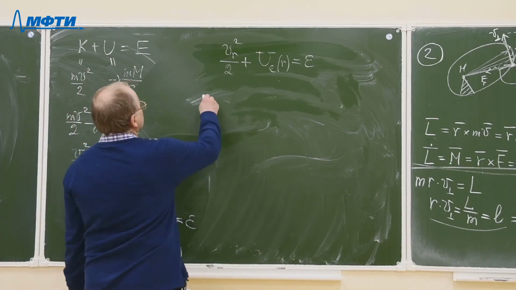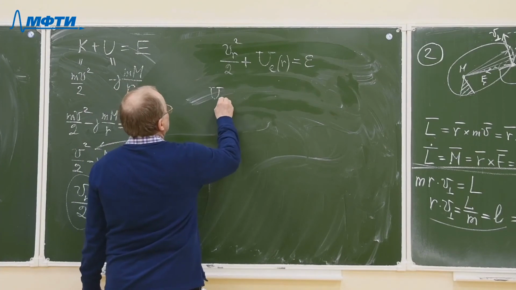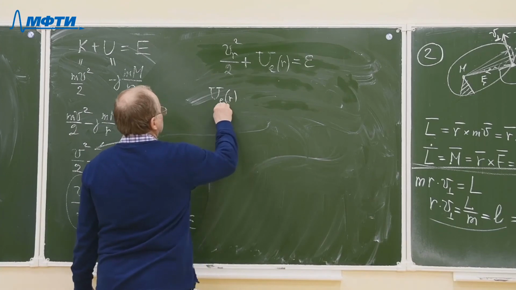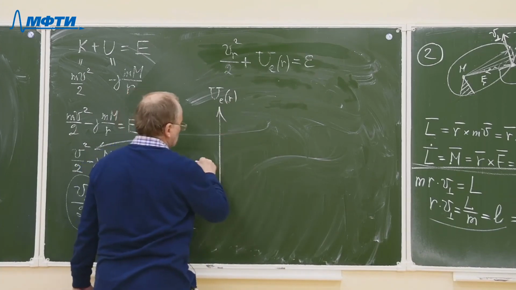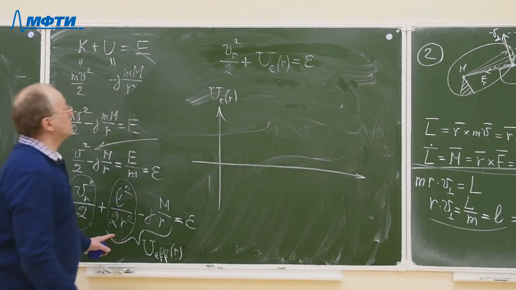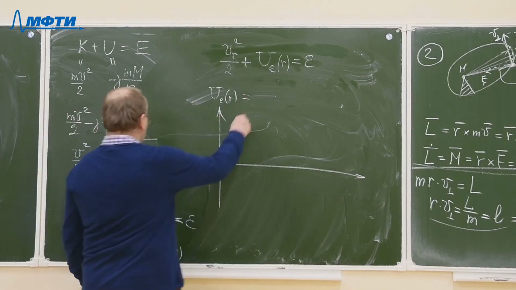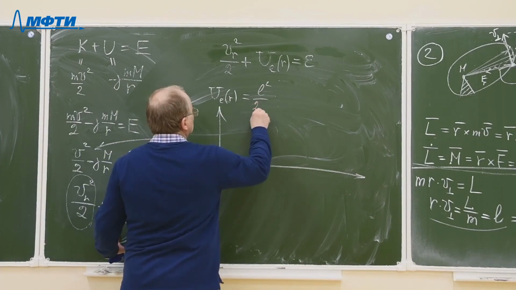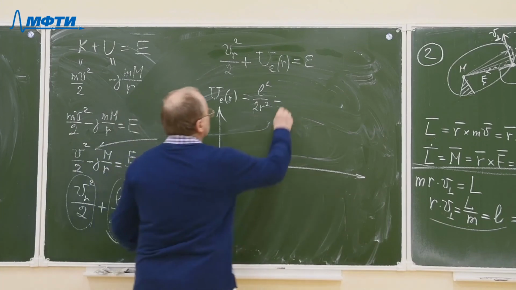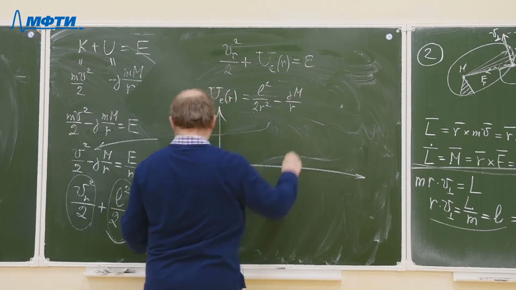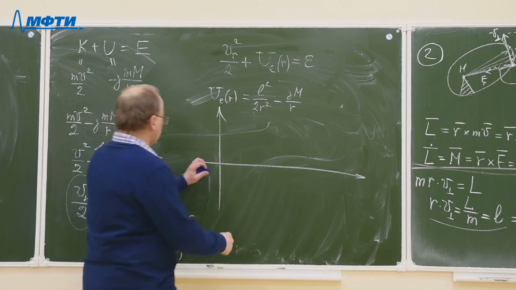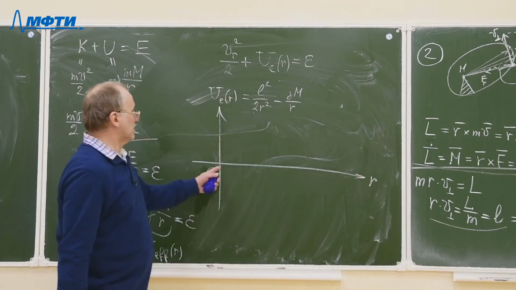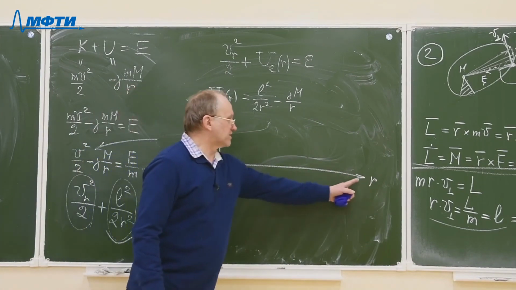Well, it's not difficult to draw a graph of this function, effective energy as a function of radius. The effective energy is equal to L squared over 2R squared minus gamma capital M divided by R. So if I draw the graph of this function, along the horizontal axis will be the distance from the sun to the planet.